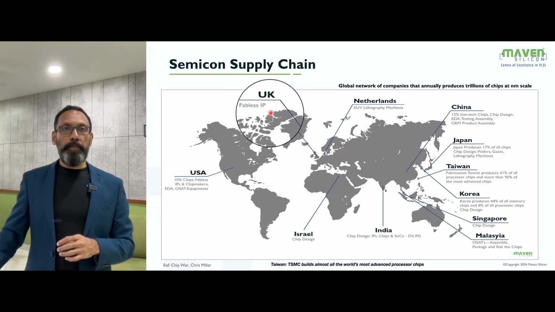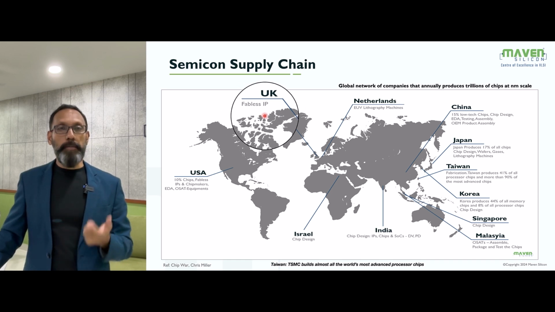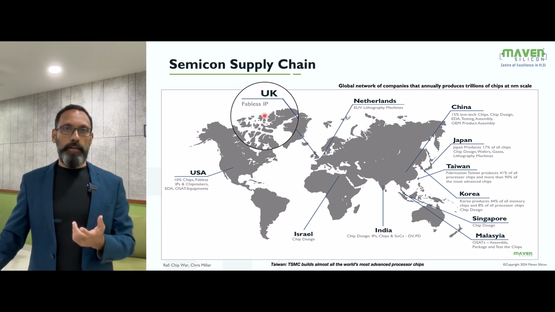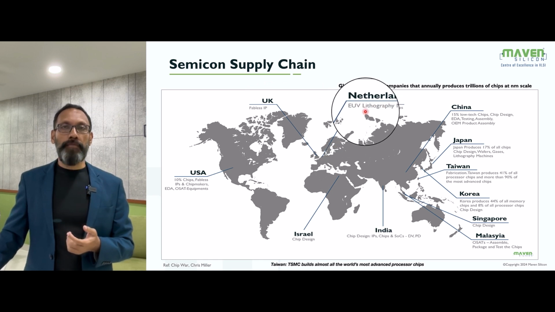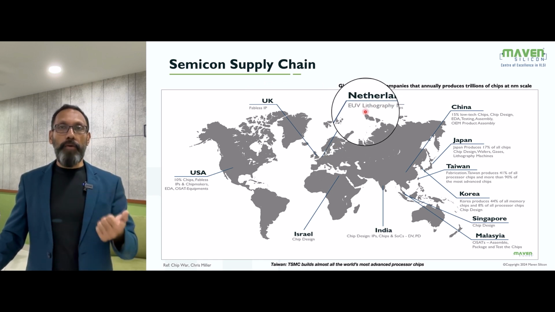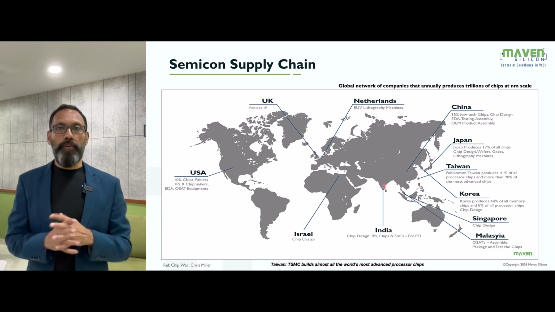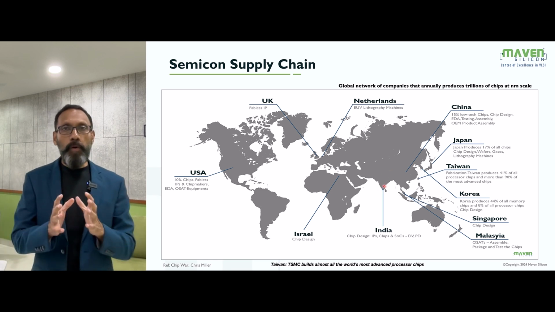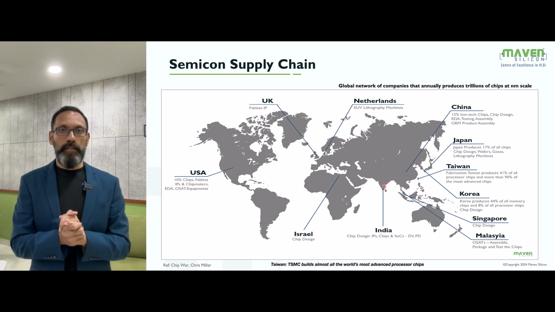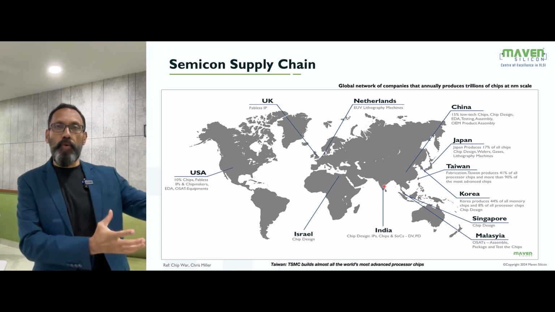And the UK is popular for fabless IP. Arm is there. Arm is very popular for their RISC processor. And the Netherlands is popular for foundry equipment. And India is popular for design services. If anyone wants to deal with chip design, you might want to own the design.